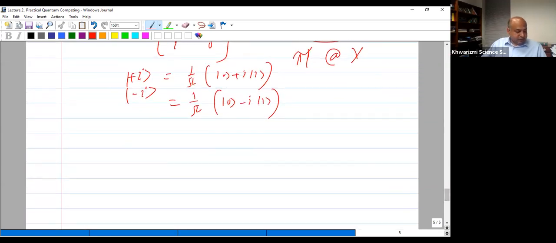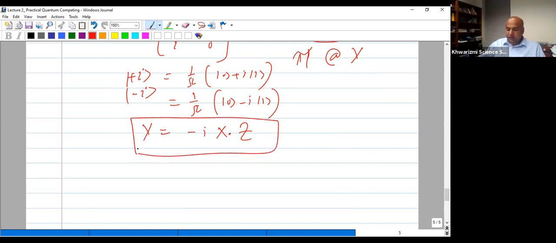And by the way, this Y matrix can also be written as minus iota x into z. So if you multiply z and x, and multiply with minus iota, you get this, sorry, not z gate, but this y gate. So this y gate can also be written like this.